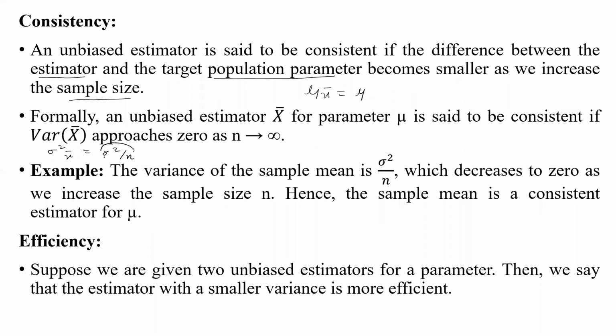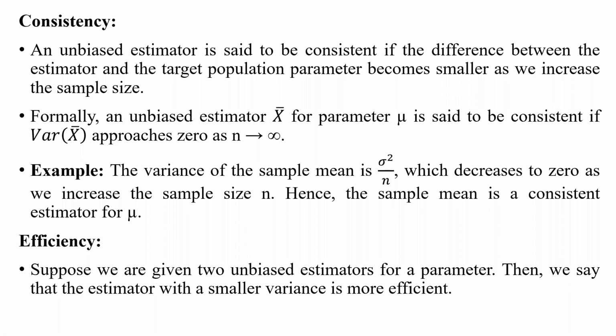So in this term, when you take the n value larger and larger enough, then what will happen? Your sigma square x bar becomes smaller and smaller. So if you want to check whether your estimator is consistent or not, you have to take the n value larger and larger. That is what consistency is about.